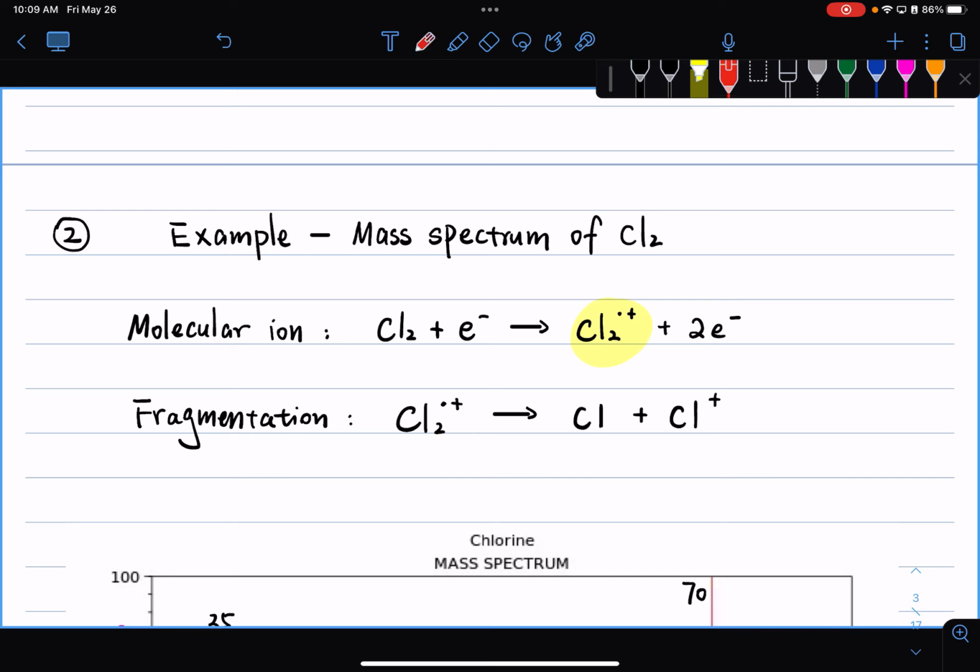Now this neutral chlorine is not going to show up on your mass spectrometry because it is not charged. Remember when it's going over that tunnel, only the charged particles will get affected by that magnet and show up on your detector. So a neutral species does not show up.